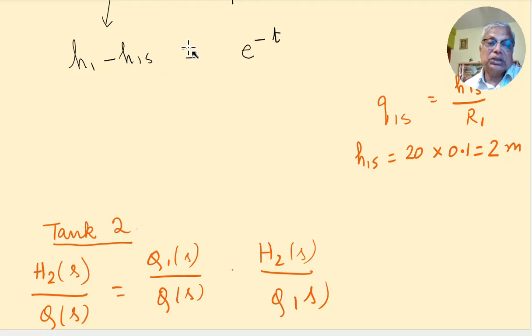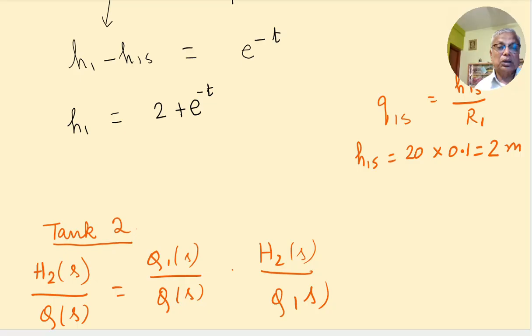So if I substitute this H1s here, I can write H1. When I substitute H1s in this equation, I take H1s to the other side. So H1 equal to 2 plus e power minus t.